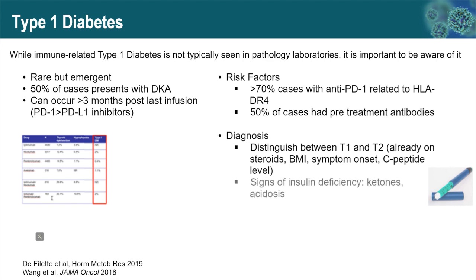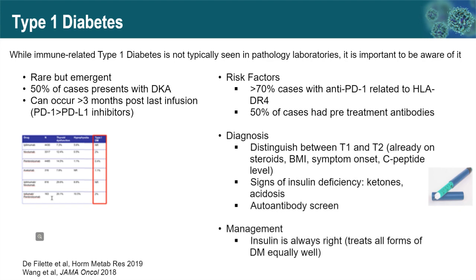It is important, of course, to look for signs of insulin deficiency, ketosis, and acidosis, and to perform an autoantibody screen. In terms of management, it is important to realize that insulin is always right, regardless of which type of diabetes we are treating, and of course to have a low threshold for consulting endocrinology.